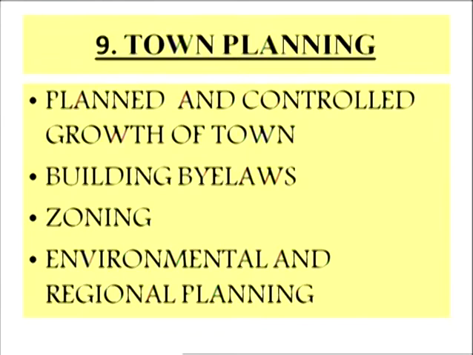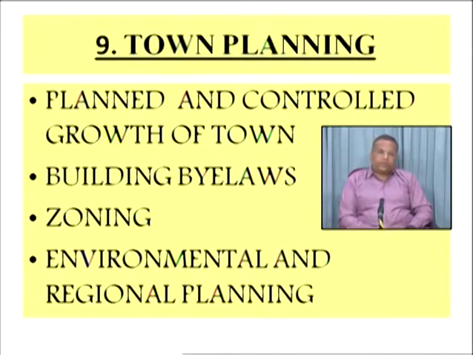Their transportation network is also planned. Then the different commercial zones, residential zones and industrial zones are to be well planned, so that the growth of industry as well as the growth of commercial areas can take place in that particular town in a very planned manner.